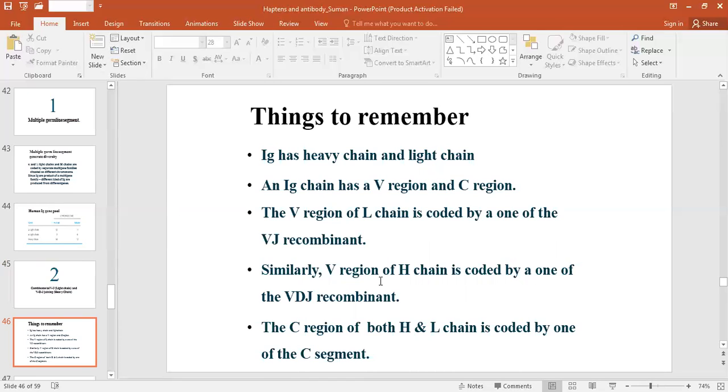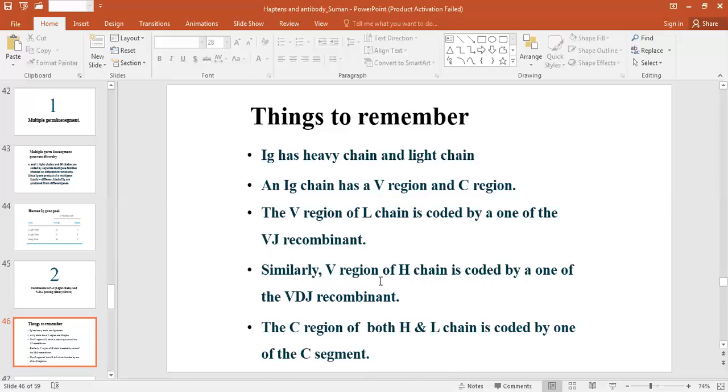They have 2 regions, variable and constant region. The variable region of the light chain is coded by one of the VJ recombinants, and the variable region of the heavy chain is coded by one of the VDJ recombinants. So 2 recombinants, VJ then VDJ.